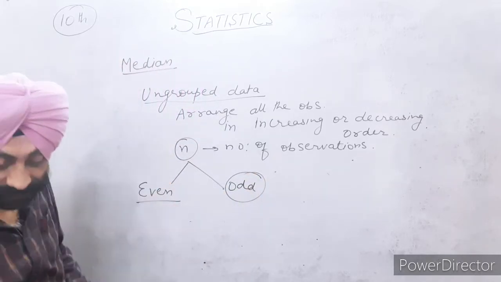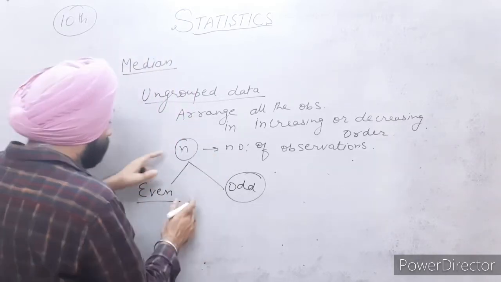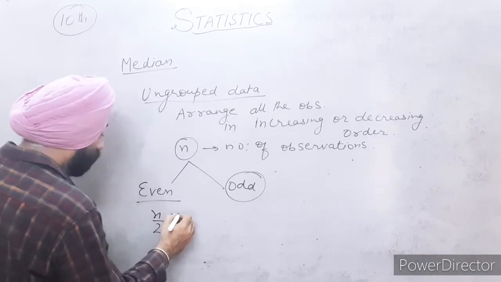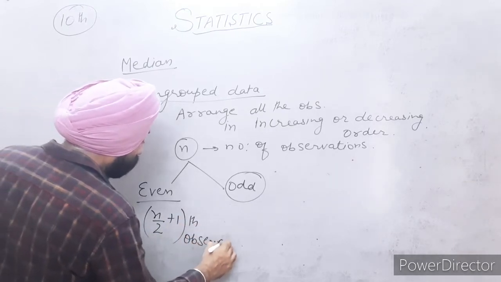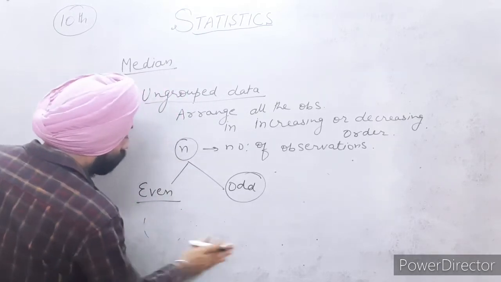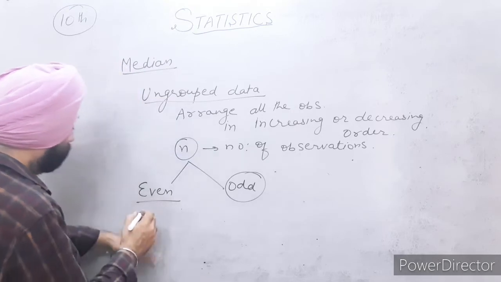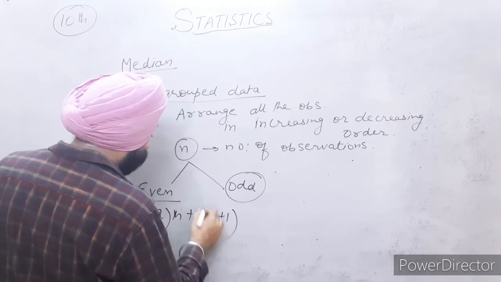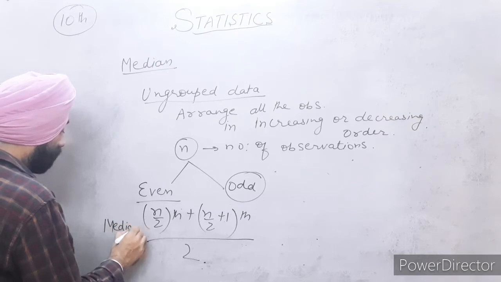So if n is even, then we find the median as the (n by 2)th observation plus the (n by 2 plus 1)th observation, divided by 2. This is the median.